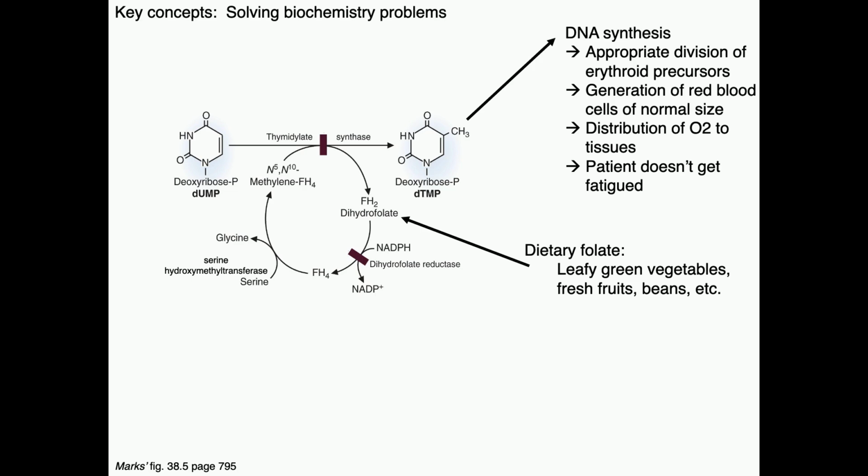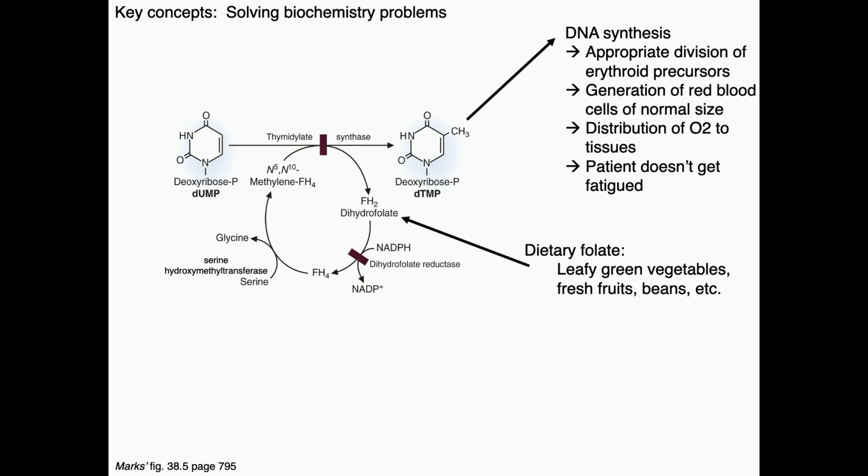Then this thymidine monophosphate can be phosphorylated to the diphosphate and the triphosphate form, and then it's a substrate for the DNA polymerase, and that can then sustain replication of the genomic DNA in erythroid precursor cells and in any other cell that is undergoing cell division. Okay, whether it be a cell of blood origin or a cancer cell and pathological consequences or what have you.